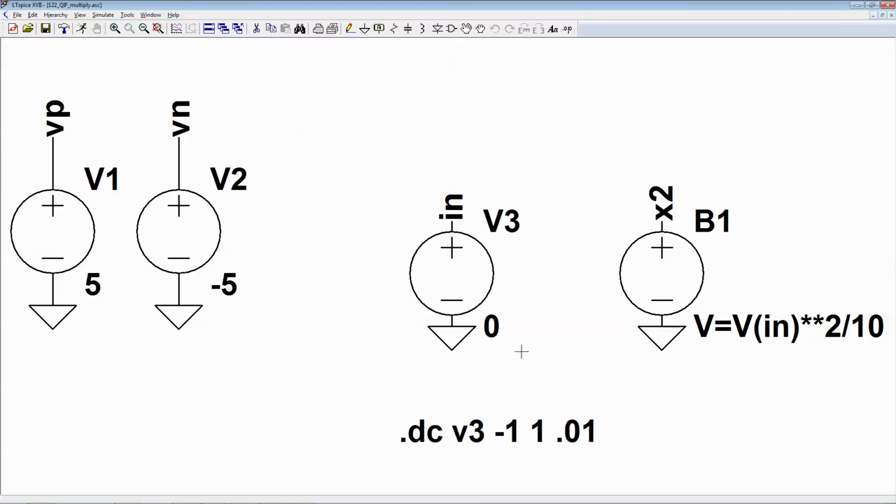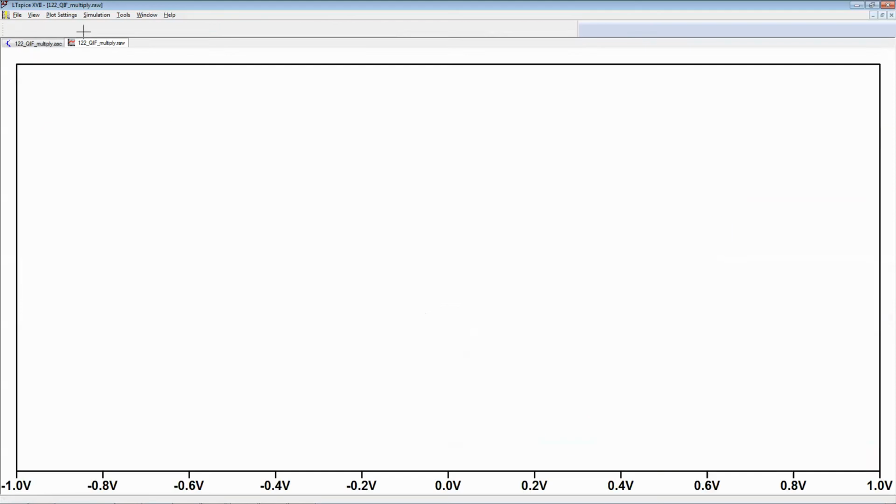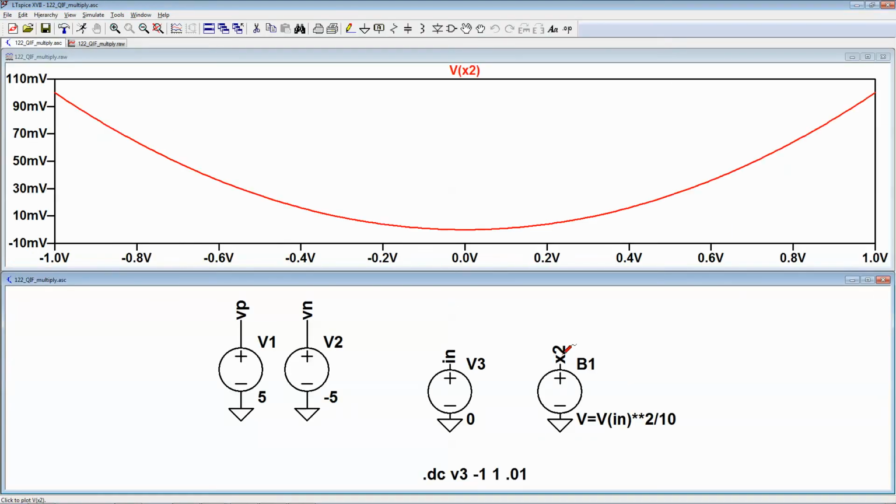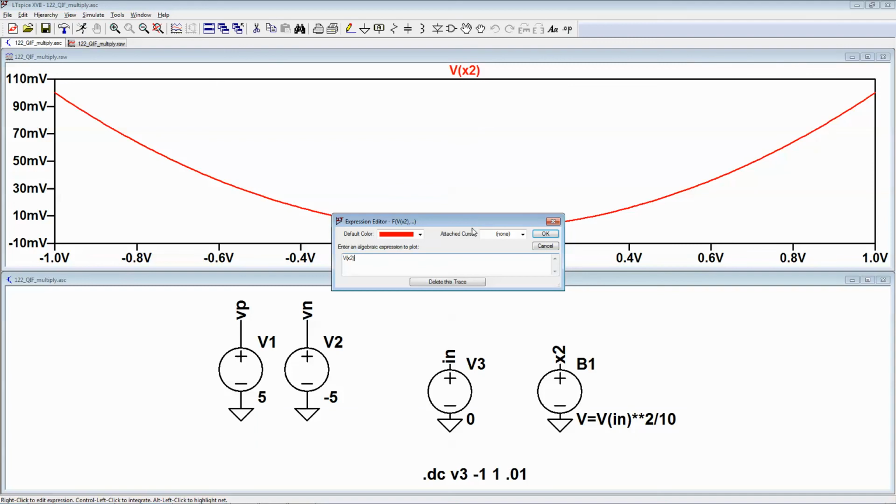Now the multiplier, we can do a DC sweep of the input, and we just look at x squared. I'm going to plot x squared, and that looks pretty squared. But if we take the square root of it, we can see a straight line, which is a little easier to check.